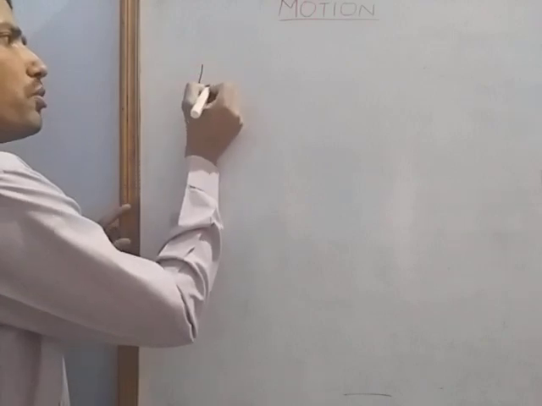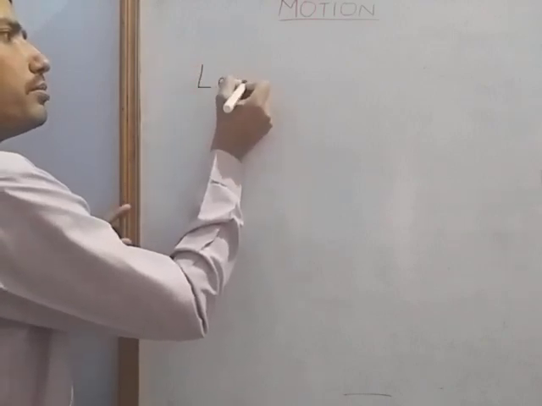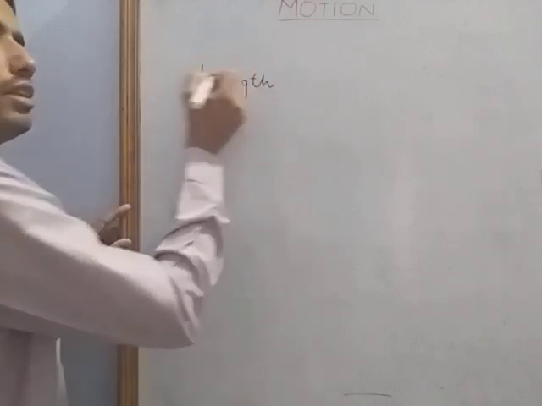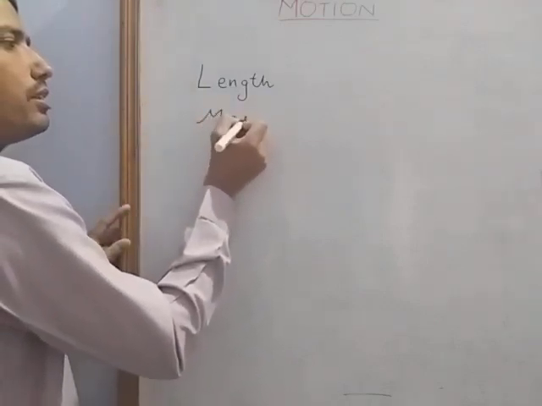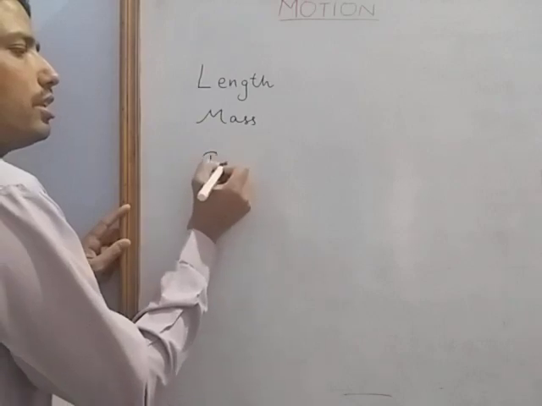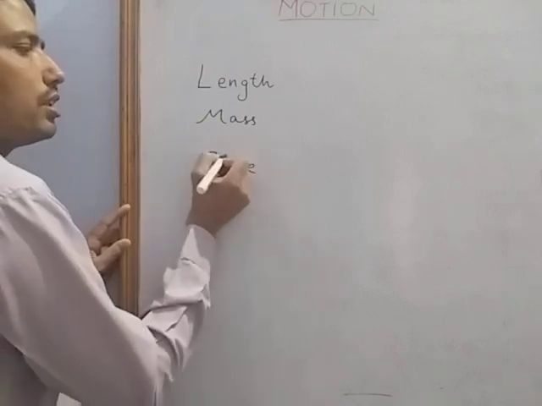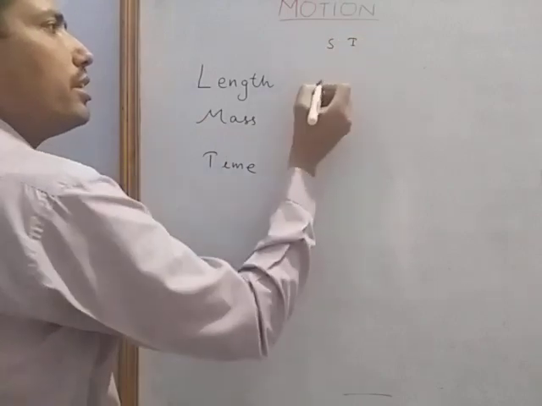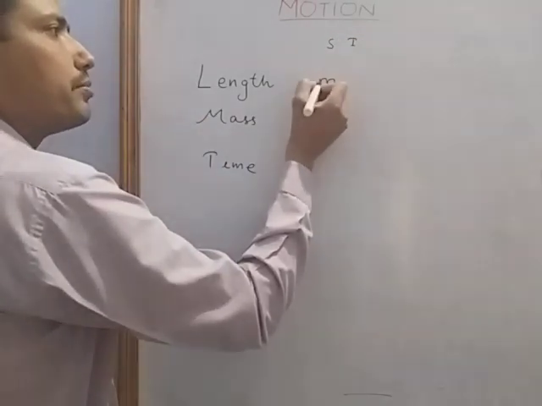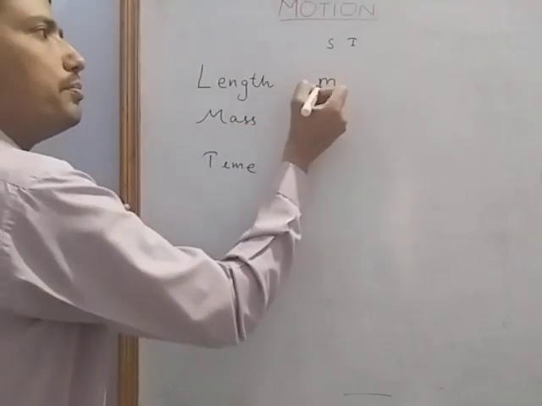The most important of them being length, mass, and time. The SI unit for length is meters, which we write as m.